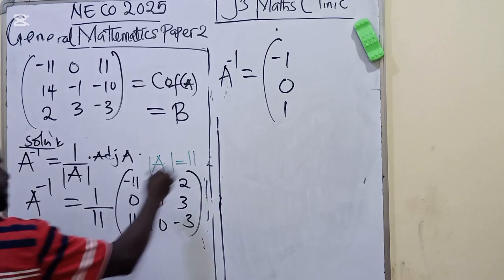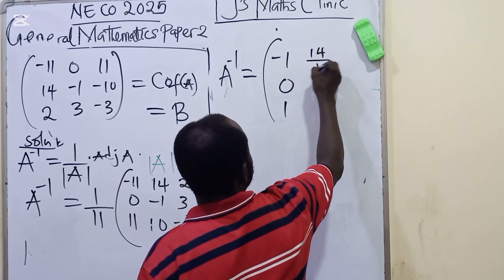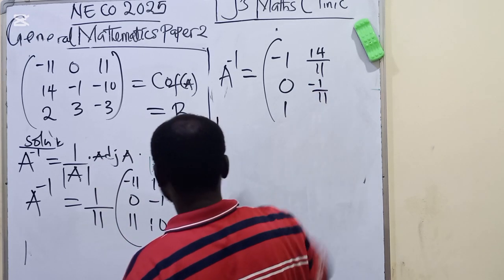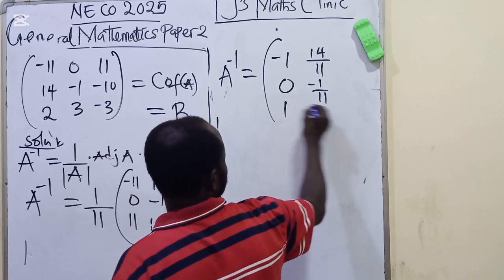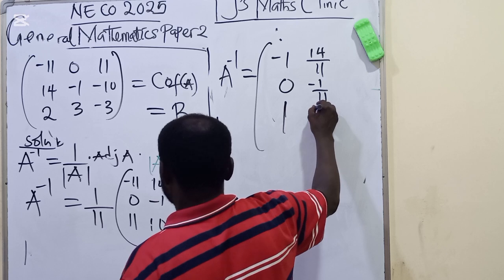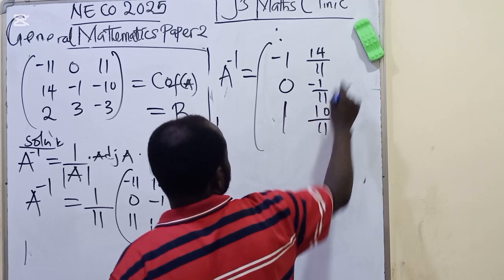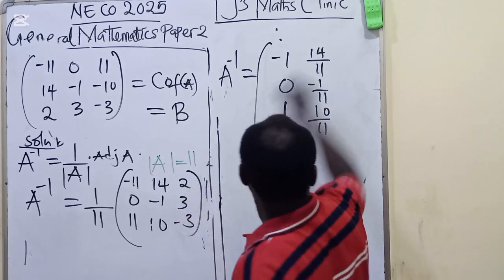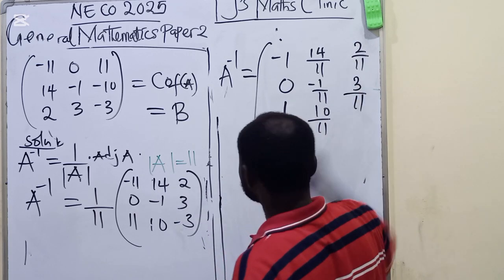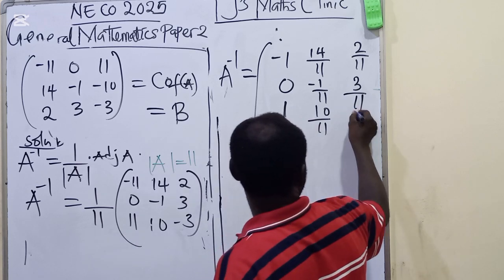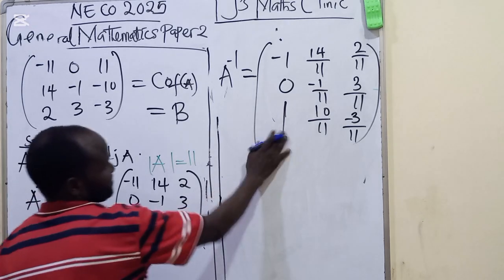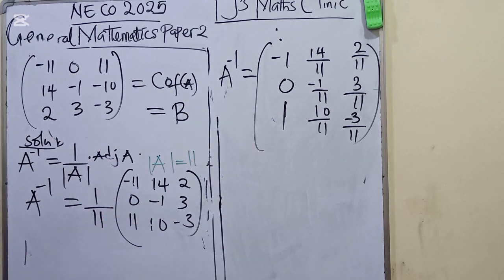Then 1 over 11 times 14 will be 14 divided by 11. 1 over 11 times minus 1 will be minus 1 divided by 11. 1 over 11 times 10 will be 10 divided by 11. The last one now, 1 over 11 times 2, that will be 2 divided by 11. 1 over 11 times 3, 3 out of 11. 1 over 11 times minus 3 divided by 11. So this is said to be the inverse of matrix A.